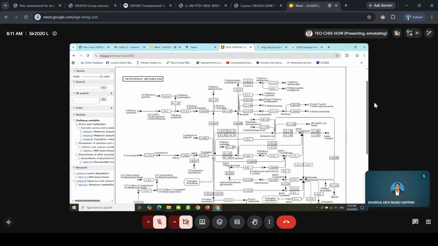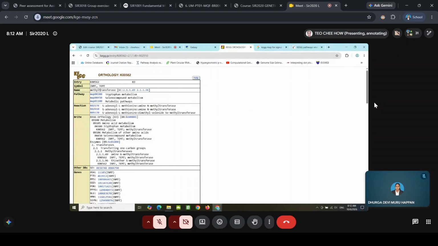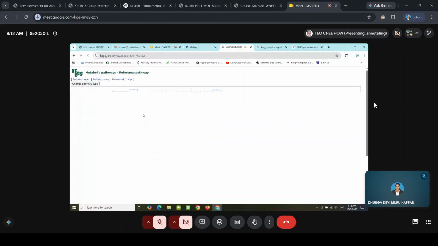You'll be able to highlight those boxes here, because each one of the boxes is for an enzyme. For example, this one is a methyltransferase, right? So the gene name, and they are involved in not only the tryptophan metabolism but other metabolism pathways also. This metabolic pathway is a general one. General means that it's a big pathway.